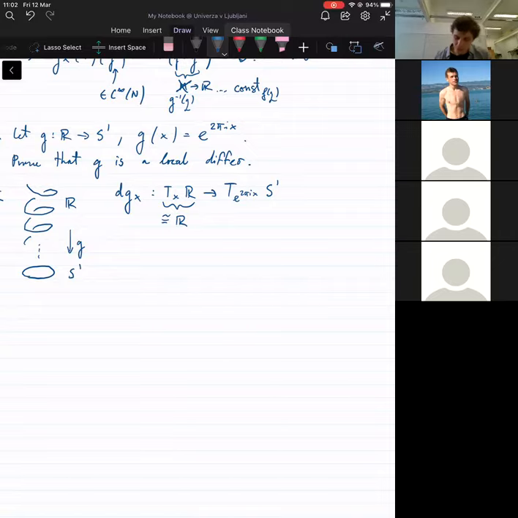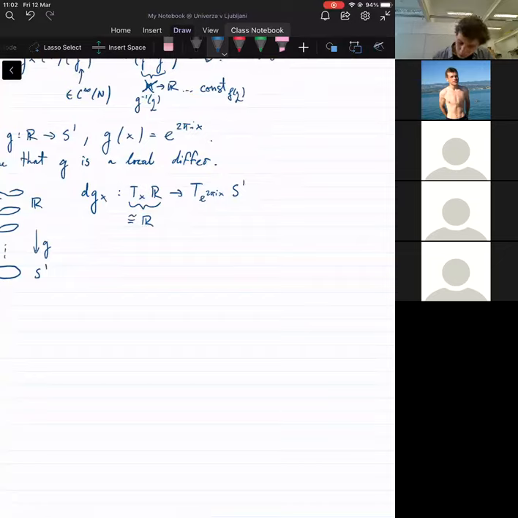Well, how about this one? This one isn't S^1, if I recall correctly. No, of course it can't be, because S^1 is not a vector space. It's a manifold, a smooth one.